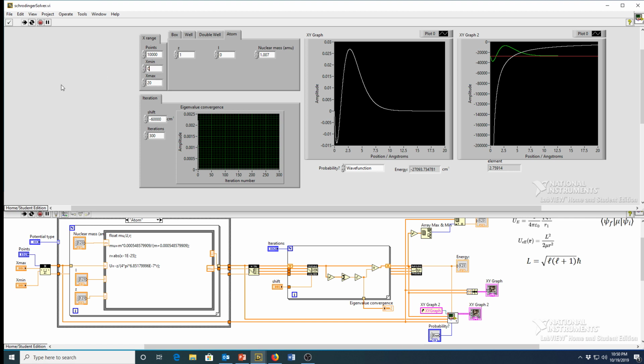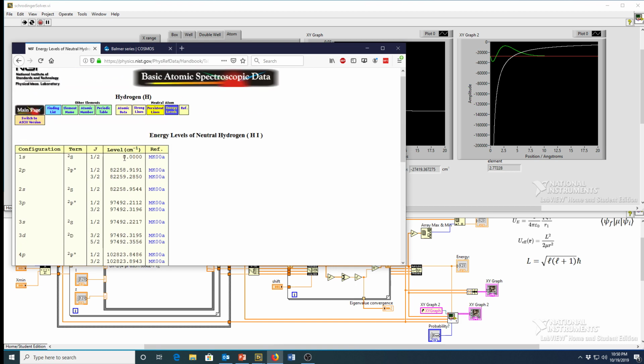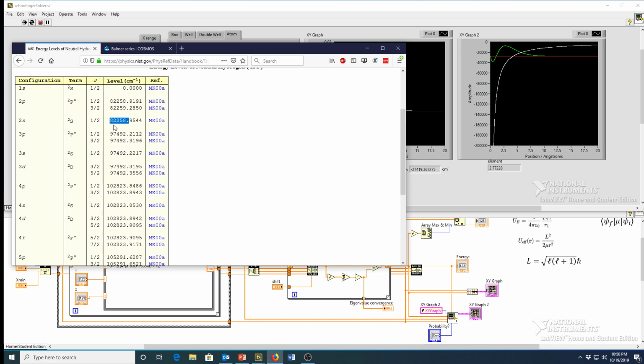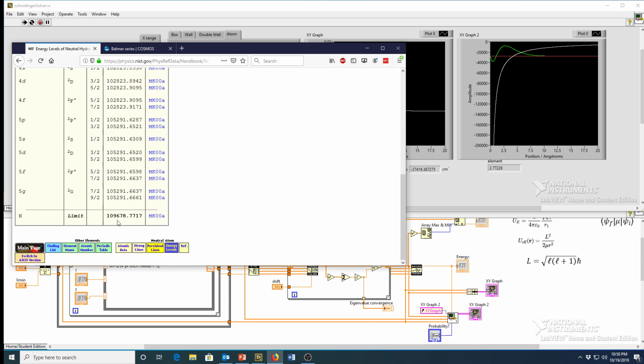And I'm going to start at 0 again. That should be our energy of our 2s orbital. We could calculate that here by looking at, well, basically our ionization energy minus this energy, which is going to be 20,000 something.